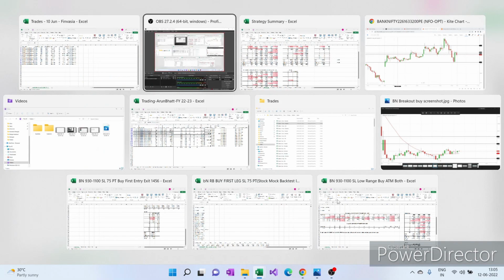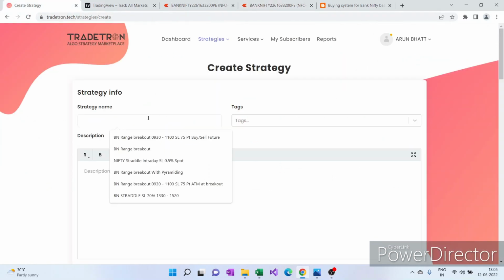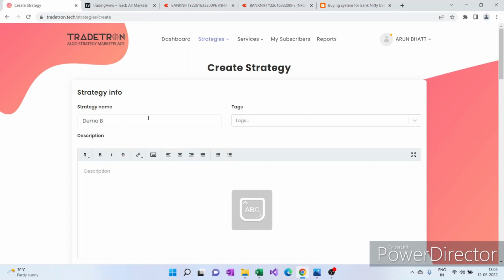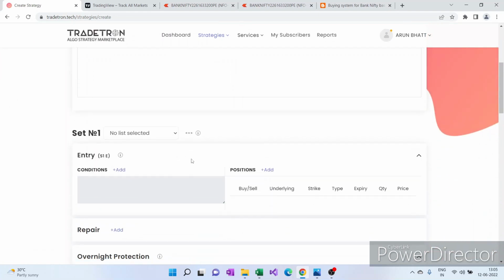Now we'll see how to code this kind of logic in TradeTron, where most of my strategies are running. So let's say demo Bank Nifty 50 point. What we'll have to do is use three sets here.